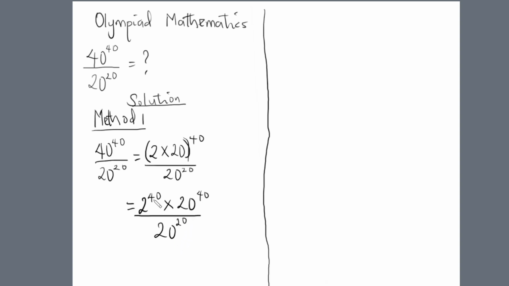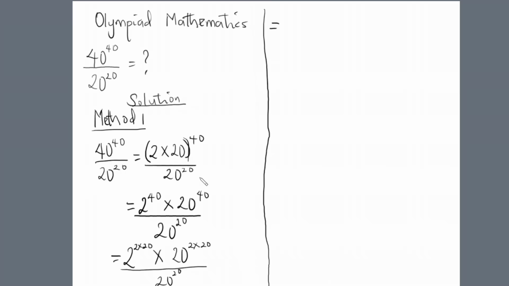If you also look at it, I can still break the number at the top, this 40, which is the power. I can still separate it into two numbers and write it as 2 to the power of 2 times 20, which is 40, times 20 to the power of 2 times 20, divided by 20 to the power of 20.